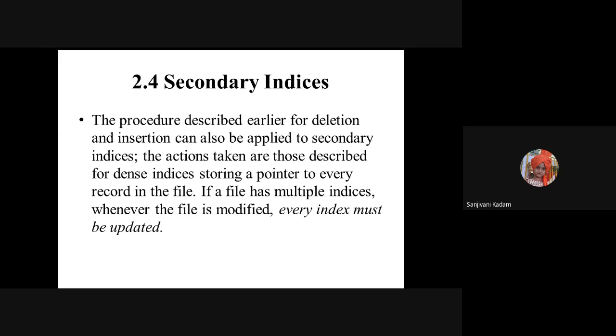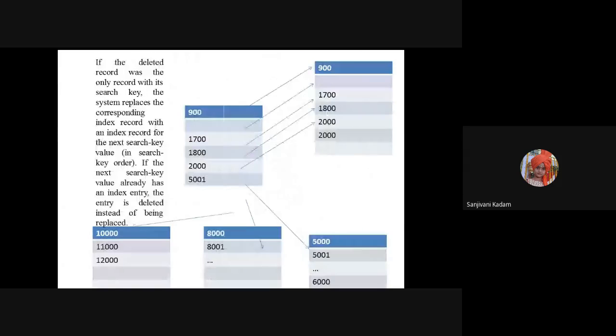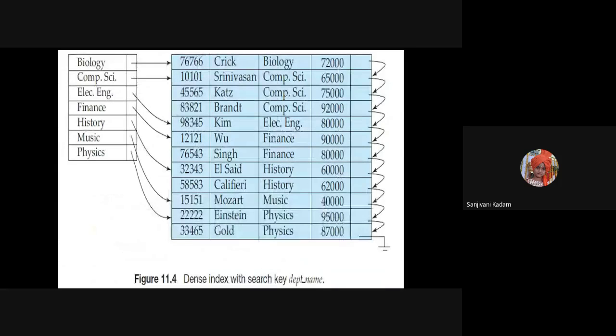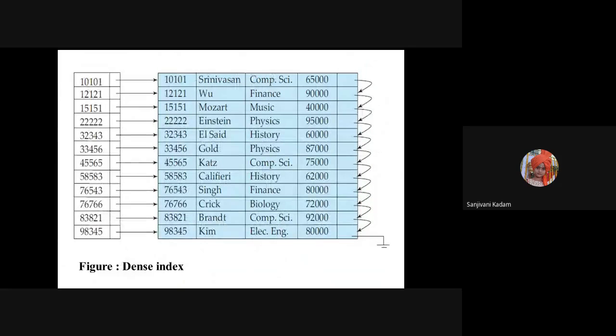Now we are moving towards the secondary indices. Secondary indices means that the storage order is not in sorted order as per the attribute. For example, if I have elements stored on the basis of the sorting order of the IDs, and I have an index available on the department name, then I can say that the index is a secondary index.